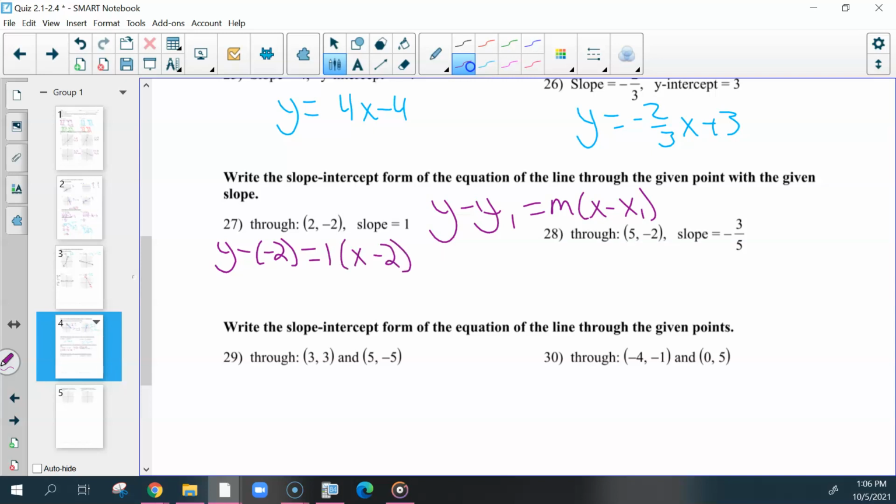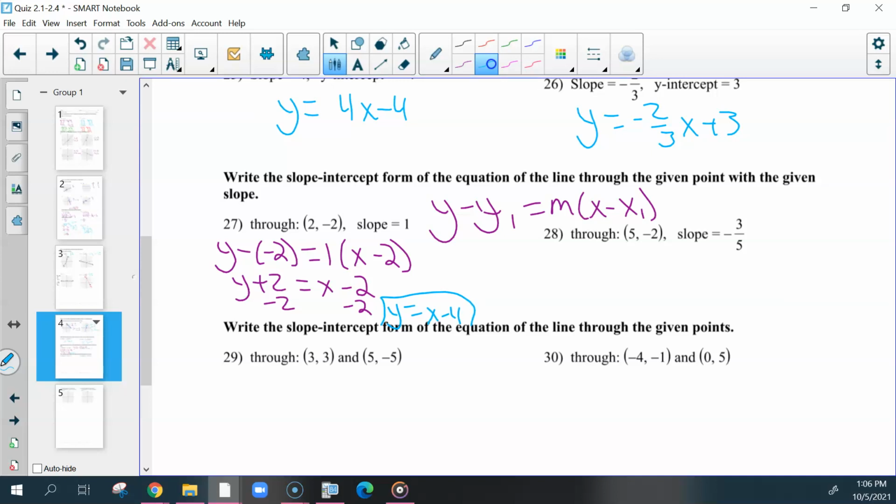So that would be simplify and then distribute if necessary. This is just 1 being multiplied to everything, so nothing would change. And then get everything away from y by subtracting. So y equals x minus 4 was the equation.